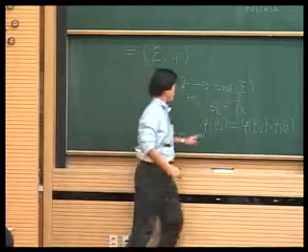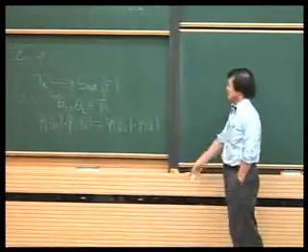For each two vectors, this must commute.